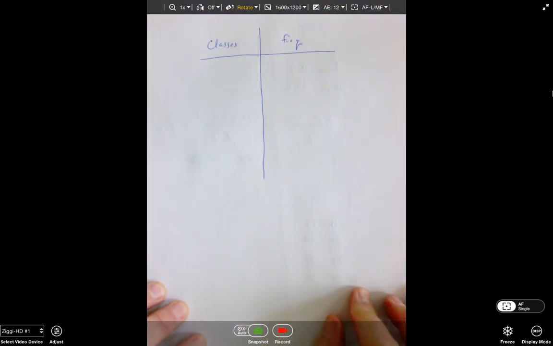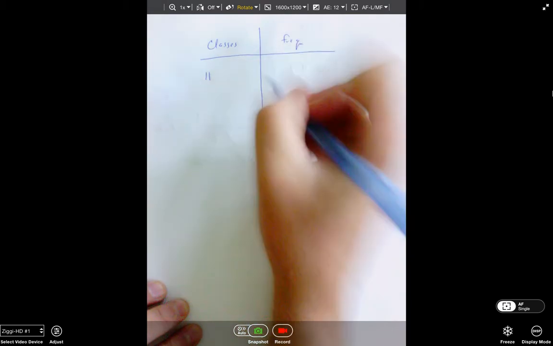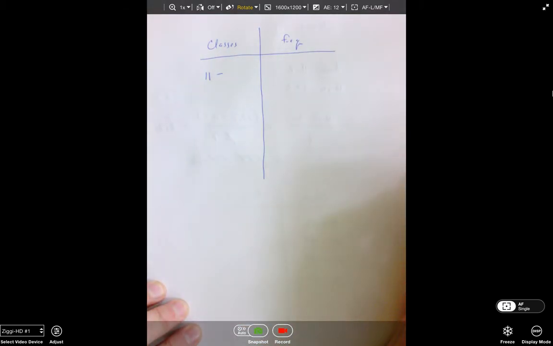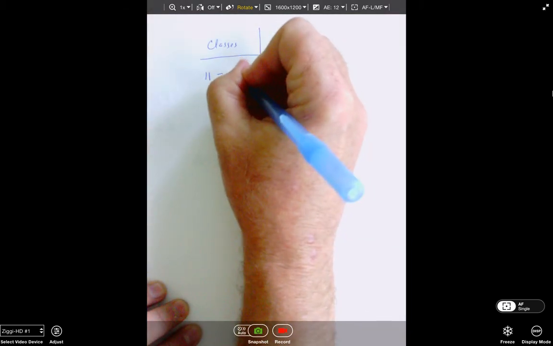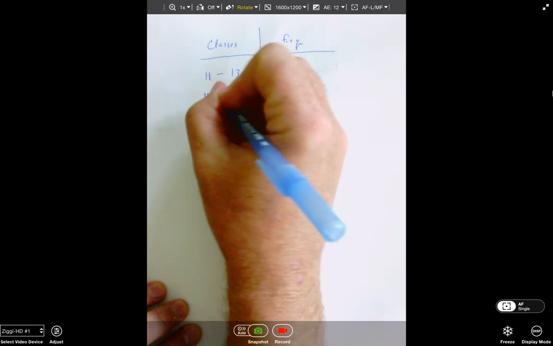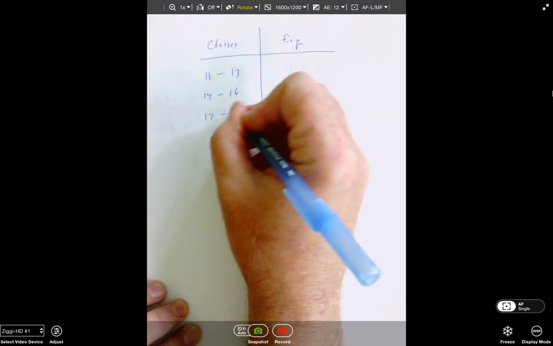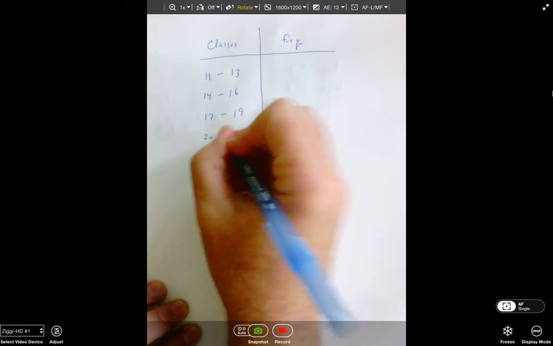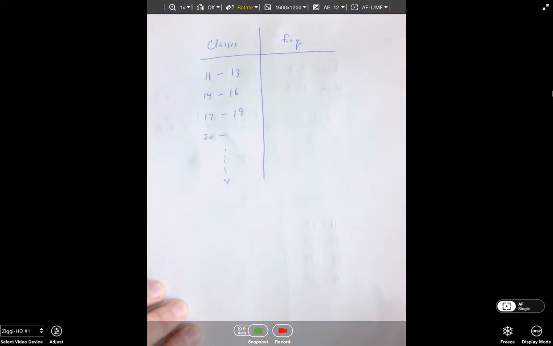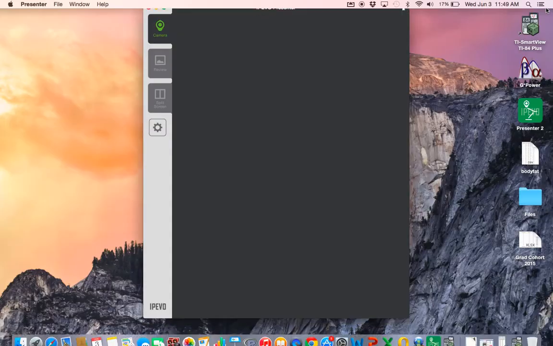So I have classes and frequencies, so I would go below the lowest. My class width is 2, so I go up to 13. I would start the next one at 14, go up to 16, the next one at 17, go up to 19, the next one at 20, and I think you see what's going to happen here. The next thing I would do is go to my data set and see how many entries I have between 11 and 13.